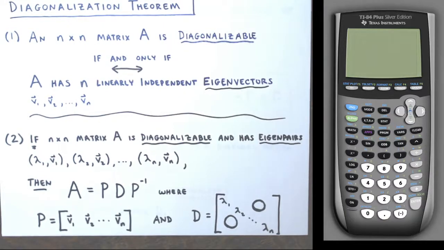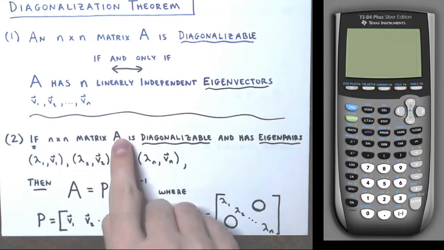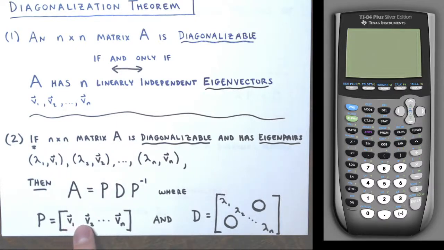But again, that's only if the matrix is diagonalizable. If it's an n by n matrix and you actually have n independent eigenvectors, then you can construct this matrix.